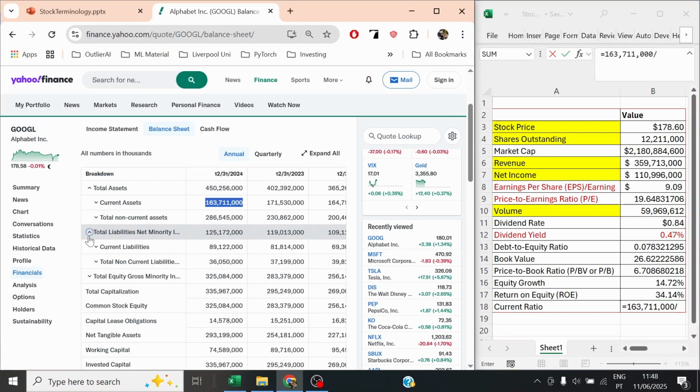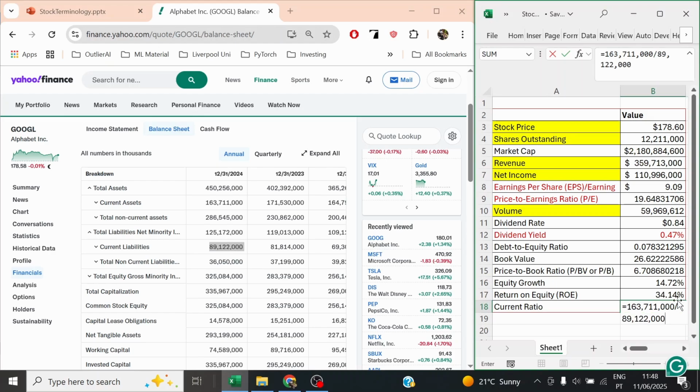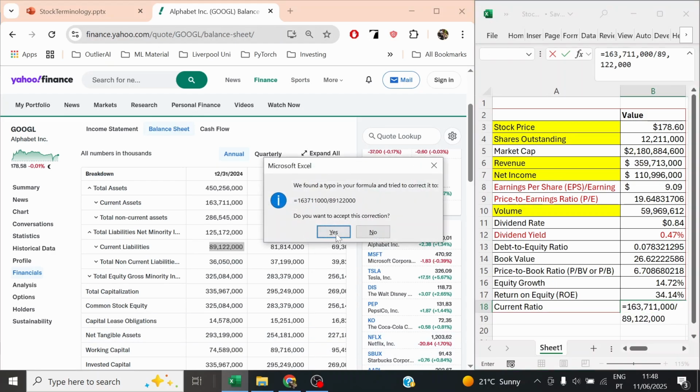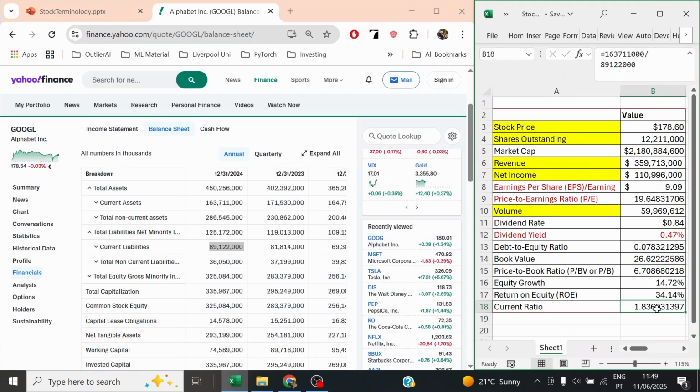If I go to the liabilities, then I have the current liabilities. Paste. Okay, and so we have the current ratio of 1.8, which means for every $1.83 the company is going to receive, they only owe $1 out.